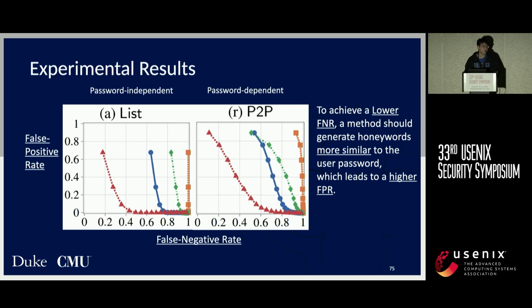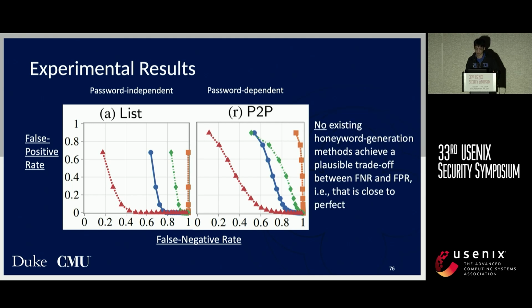This is because in order to achieve a low false negative rate, the Honeyword generation algorithm should generate Honeywords very similar to the user password. But this will lead to a very high false positive rate. As such, we can conclude that there is no existing Honeyword generation algorithm achieving a good balance between false positive and false negative. And I encourage our audience to check more results in our paper.